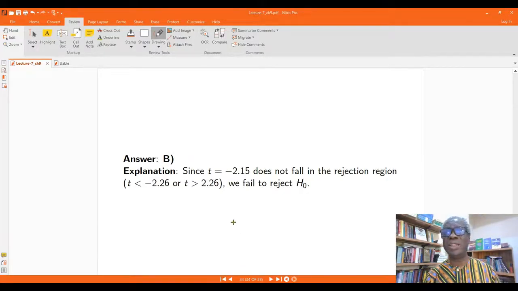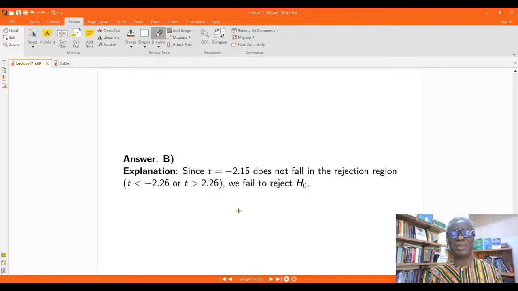Since t equals minus 2.5, which does not fall in the rejection region, in other words, is not less than minus 2.26 and also not greater than plus 2.26, we fail to reject H naught.